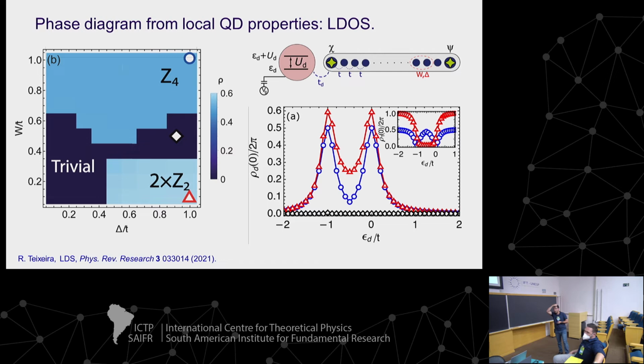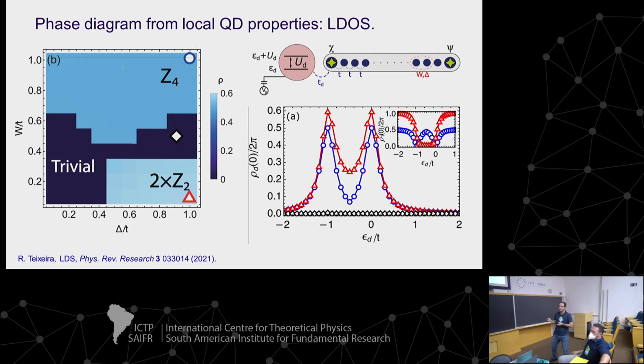Maybe I missed your explanation, but how do you differentiate between the phases with row, for example, the blue and the red? So just by the height of the density of states at the dot. So this is essentially twice the height in this phase as compared to this one. And this one is essentially 0.